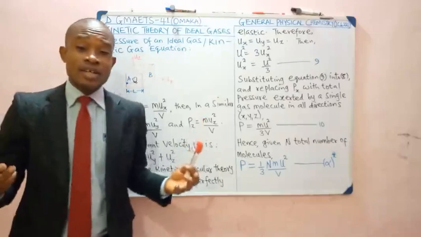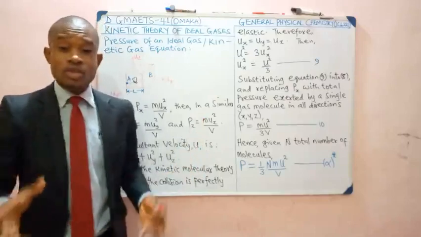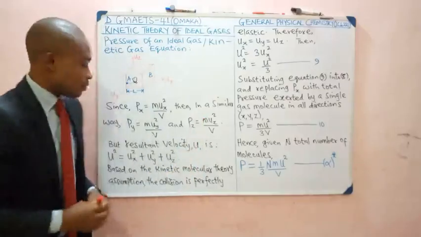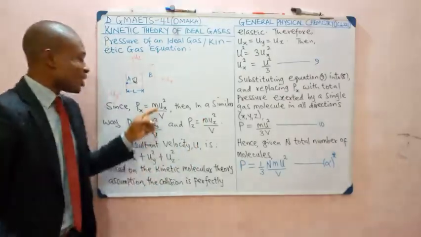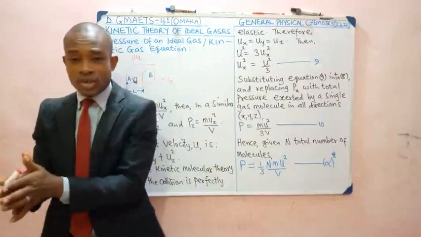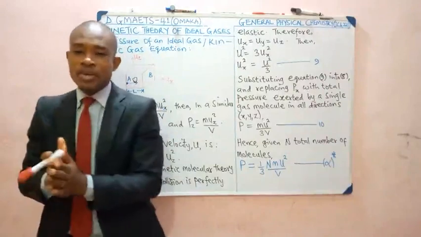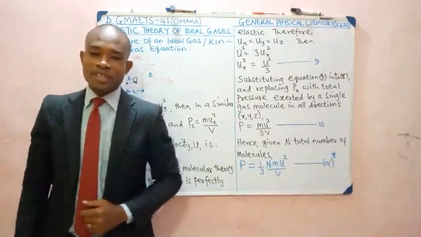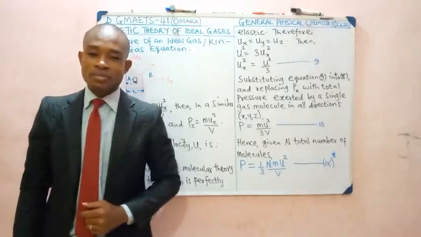Because we're just analyzing what mass of only one molecule can do. So what do we do from here? If we are able to rewrite the velocity in any direction in terms of the resultant velocity, in terms of the total velocity, then we can achieve the equation that we are looking for.